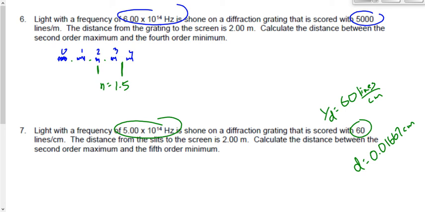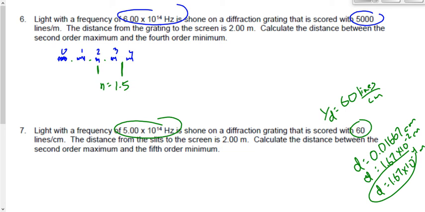We have to convert that to meters by dividing by 100. That's 1.67 times 10 to the minus 2 centimeters. In meters, that would be 1.67 times 10 to the minus 4 meters, right? Divide by 100. So you get your value of D here.